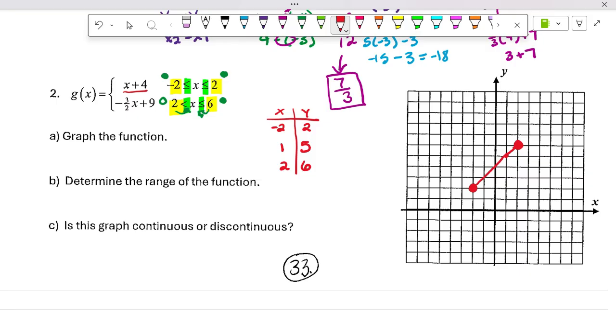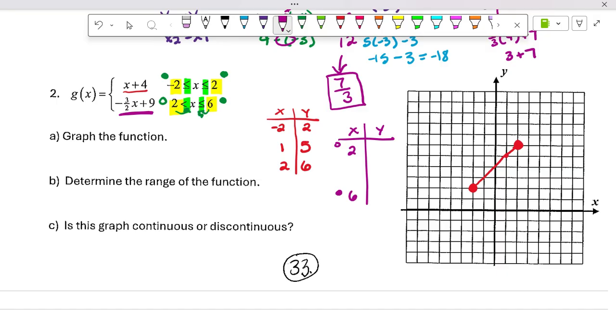Now, the second piece, we're going to do the exact same thing. All right, so I'm going to do another table. So my endpoints are 2 and 6, but remember, 2 has an open circle next to it, 6 has a closed.